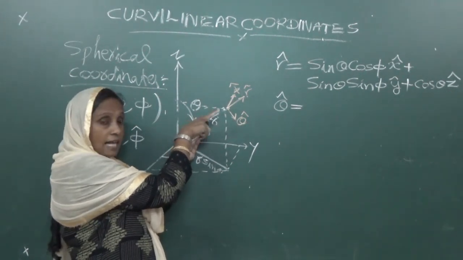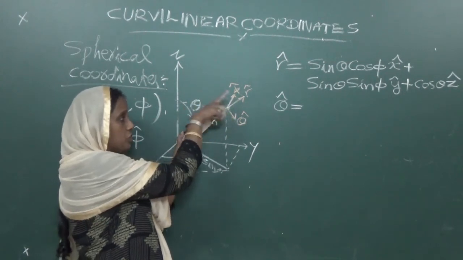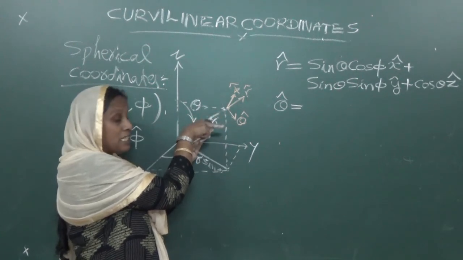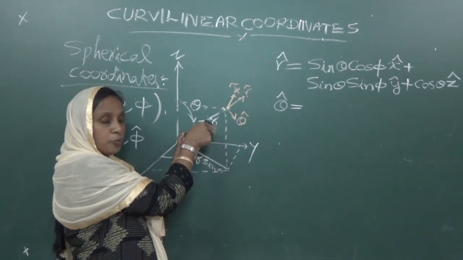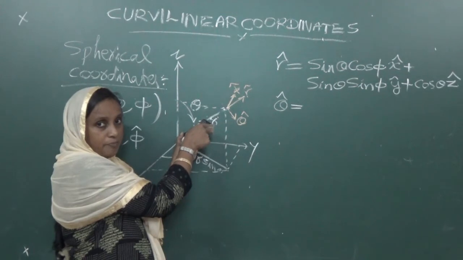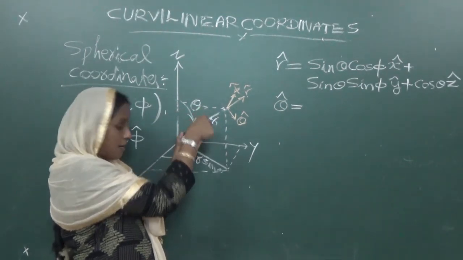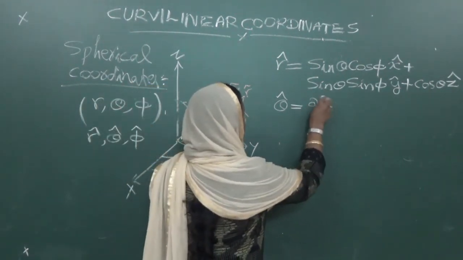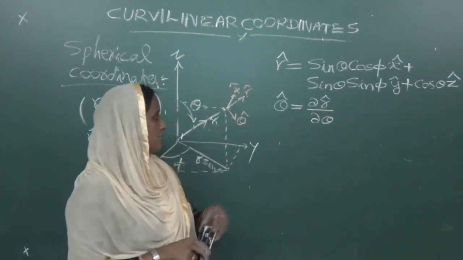Correspondingly, r cap changes its direction to here. Initially it is along this direction, and after rotation it moves to this direction. So there is a change in direction of r cap with respect to the variation of the angle d theta. So theta cap is given by d r cap by d theta, right?